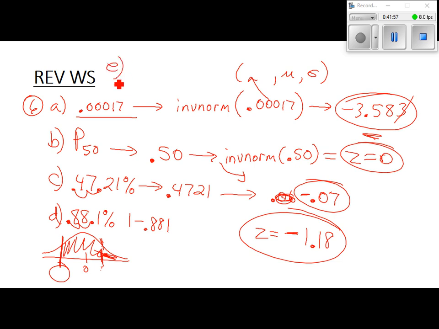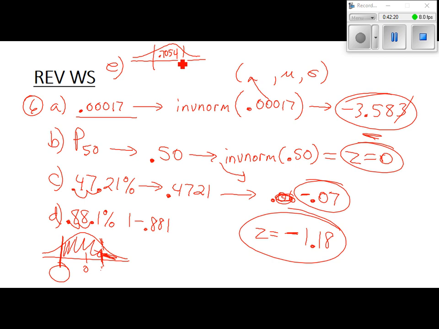I'm going to do letter E up here before I erase all this. It has 70.54% between. So this time we want 0.7054 in between.